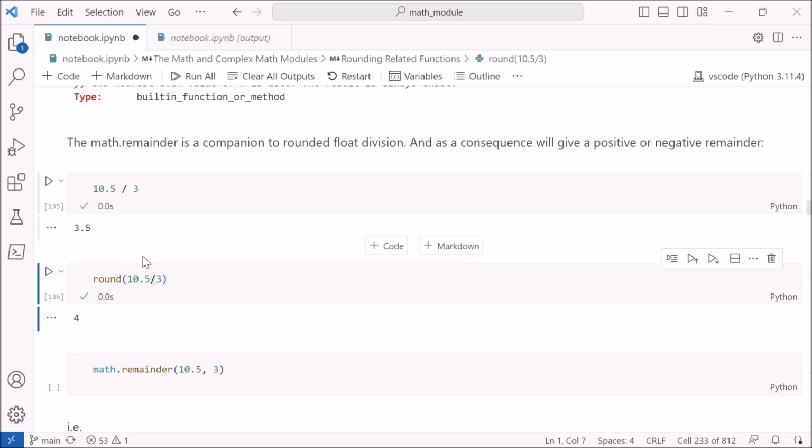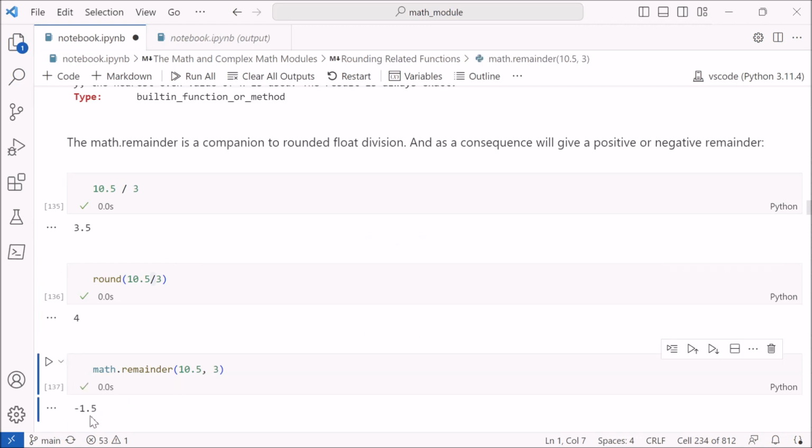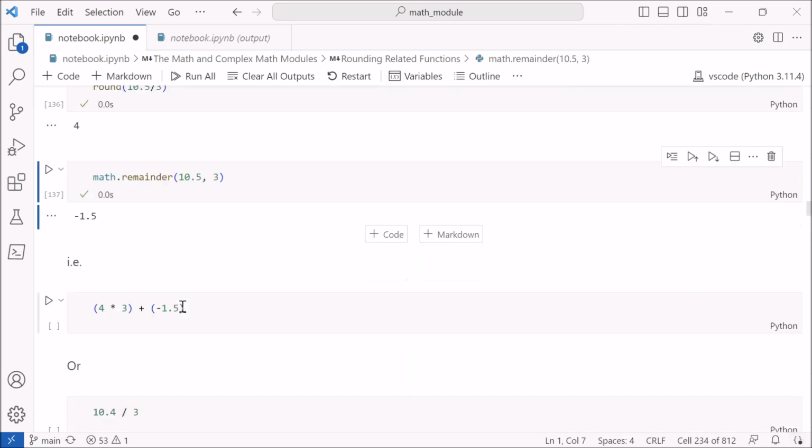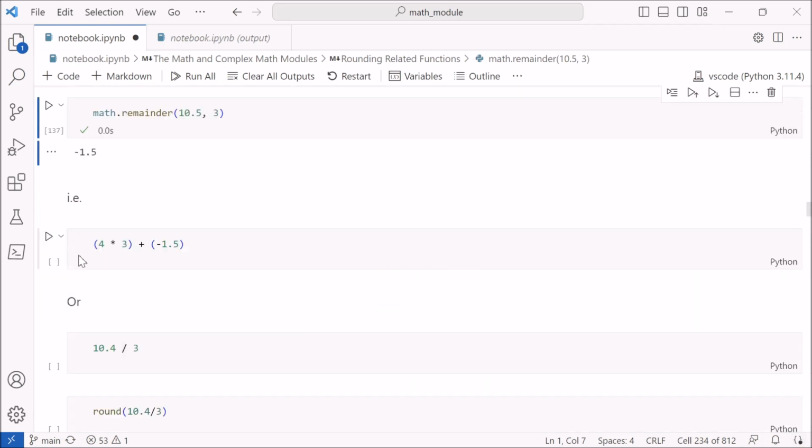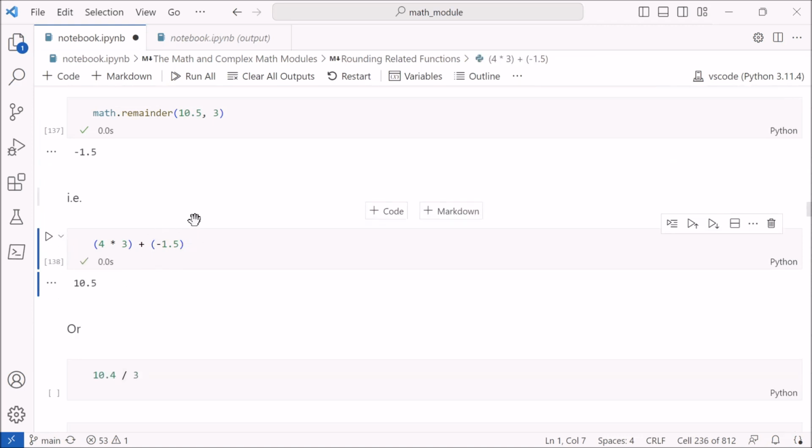So 10.5 minus 12 is going to be minus 1.5, and that's the remainder. In other words, it's 4 times 3 plus minus 1.5. So we've rounded the integer to 4, and then the remainder is minus 1.5.